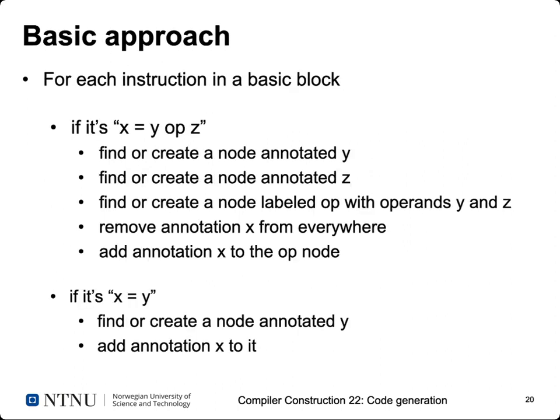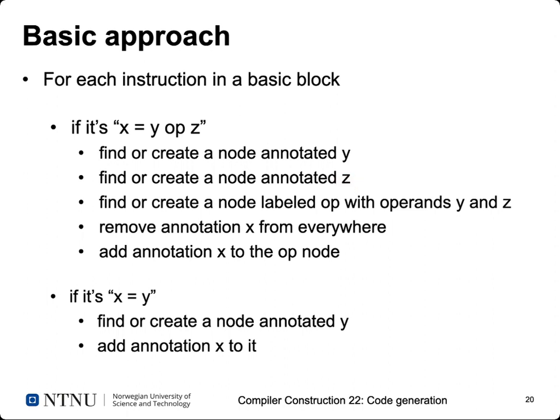So how can we do this? Now, the basic approach is that for each instruction in a basic block, we take a look at this instruction. So either we have an instruction x = y op z in our three-address code, so we have two input parameters connected by some operator assigning it to a third variable here. Then we have to either create a node that's annotated with y, or find one if it already exists. We have to do the same for our second operand z.